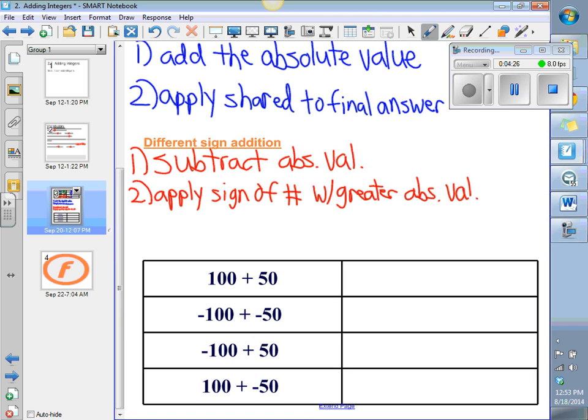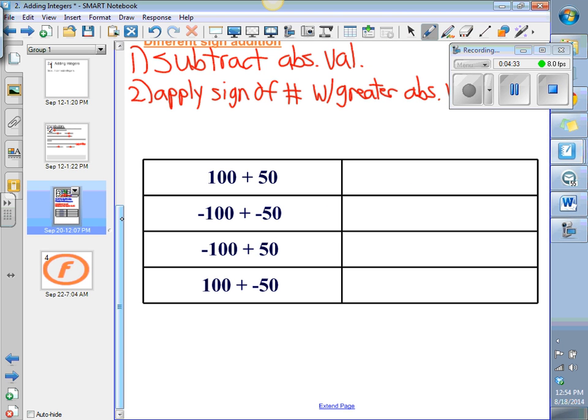On your own, go ahead and fill in this chart. You can pause the video as I fill it in and explain myself. 100 plus 50: both positive, add the absolute values, get positive 150. Negative 100 plus negative 50: same signs. Add the absolute values, get 150. The shared sign is negative, so negative 150.